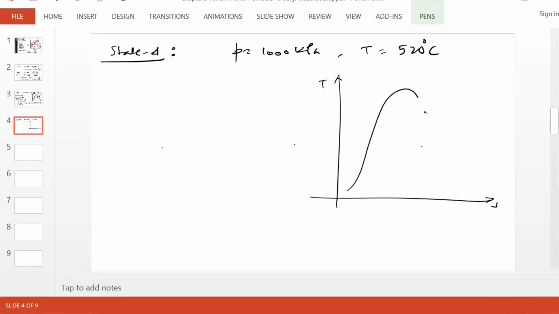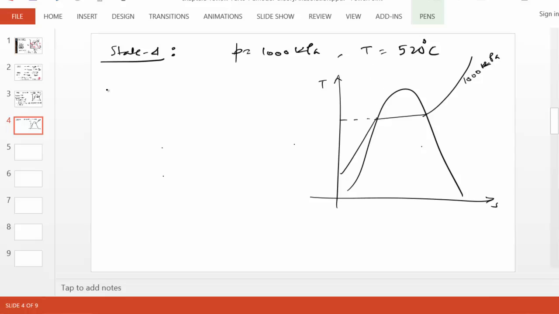We try to pin it down on the TS diagram, and this is our 1000 kPa line. We know the state will be somewhere along this line, but we have no clue whether it's liquid water, a mixture, or superheated vapor.